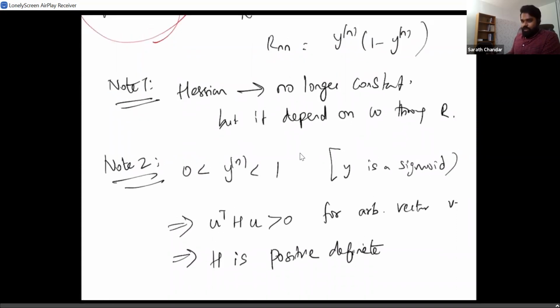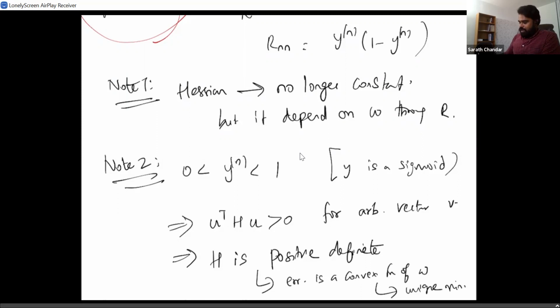If your Hessian is positive definite, then the function is a convex function. So the error function is a convex function of W, and hence it is going to have a unique minimum. This is why I said in the beginning that logistic regression has a unique minimum.